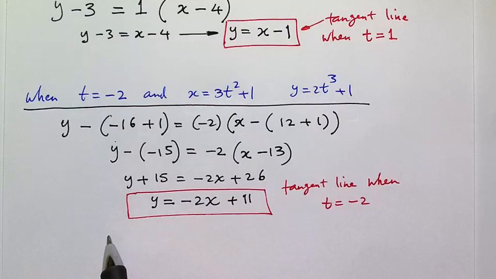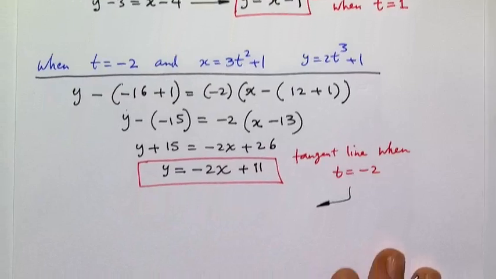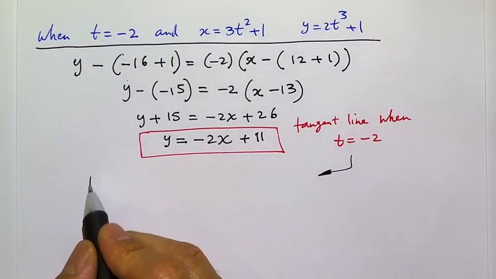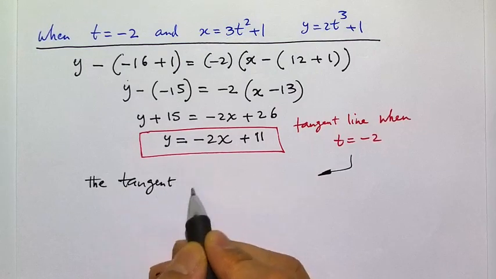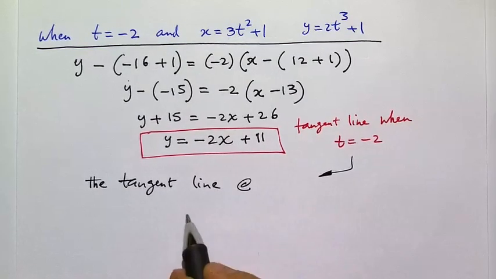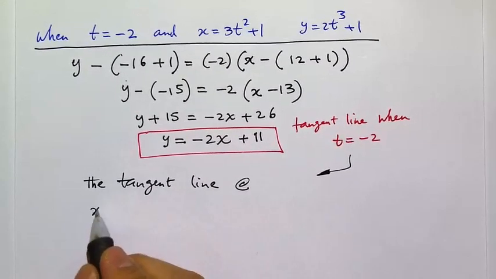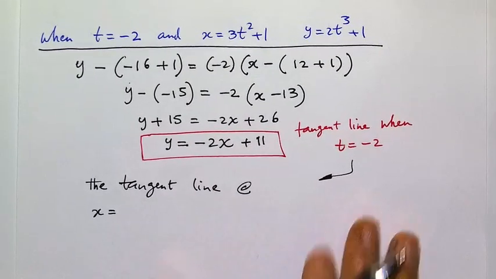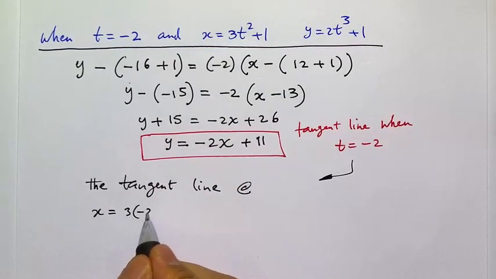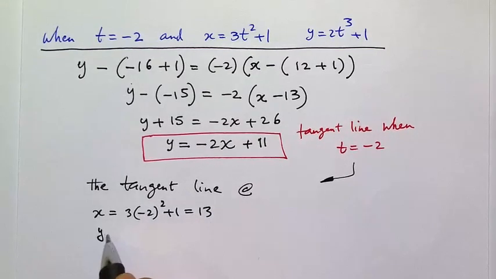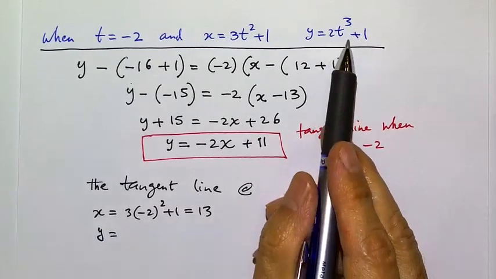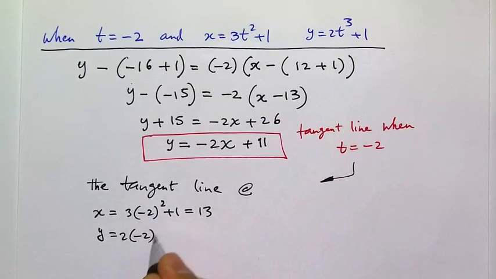So this is the tangent line at x equals 3 times minus 2 squared plus 1, that's 13. y equals 2 times minus 2 cubed plus 1.